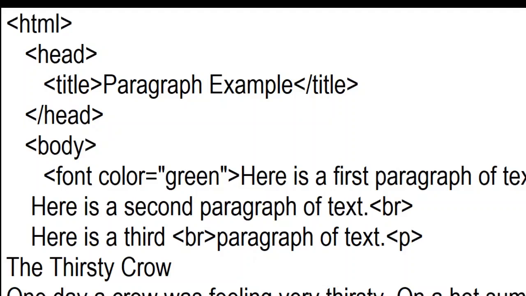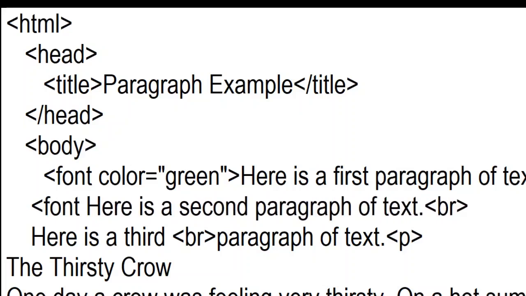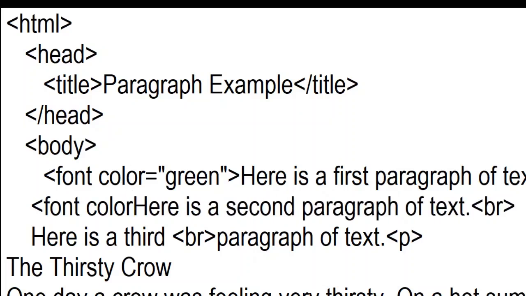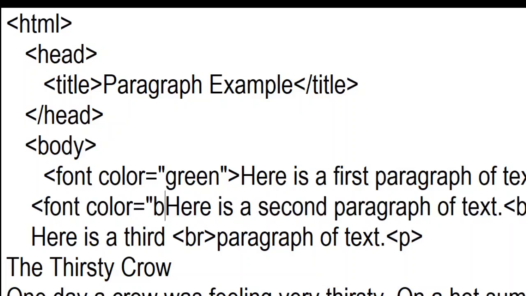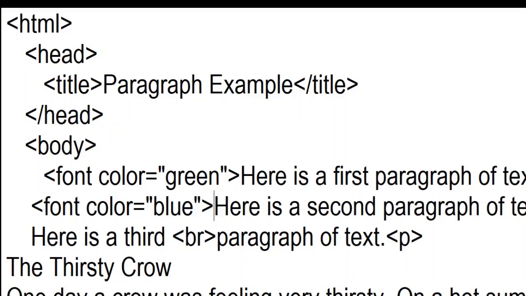And we want the second, here is the second paragraph of text. We want this color to be blue, then you can again write down the font tag here, then write down color is equal to, for example, your color name is blue, then write down blue, then you can close the angle bracket, and after that you can close the font tag, because font tag is a container tag, so we need to close it.